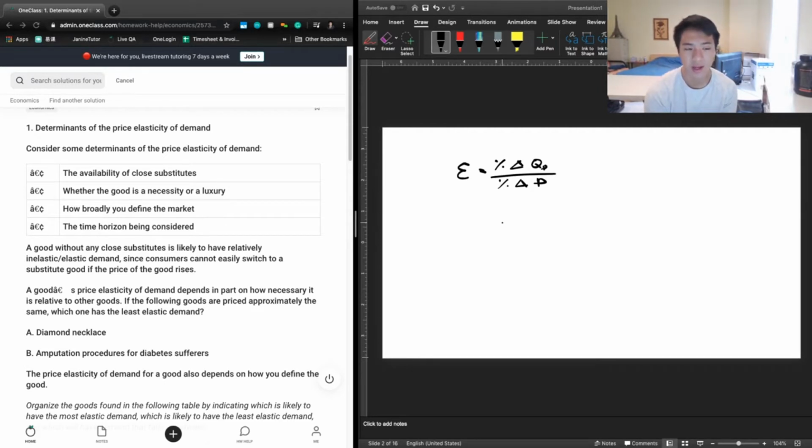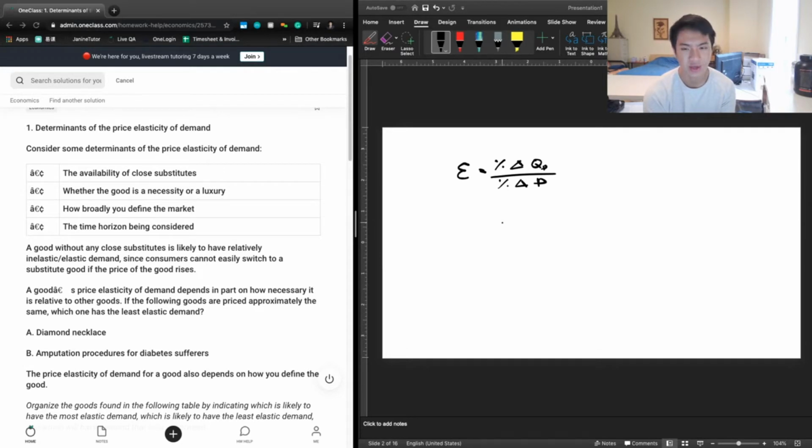And so then the next question is, what are the metrics of what is considered elastic or inelastic? Essentially, anything with elasticity less than 1 is going to be considered inelastic. Anything with elasticity greater than 1 is going to be considered elastic. Inelastic simply means that when price changes, the quantity demanded changes relatively less.